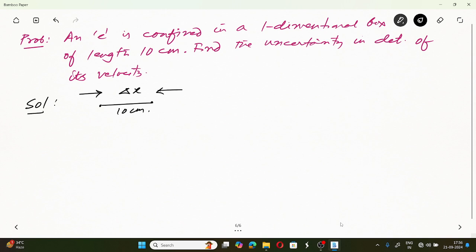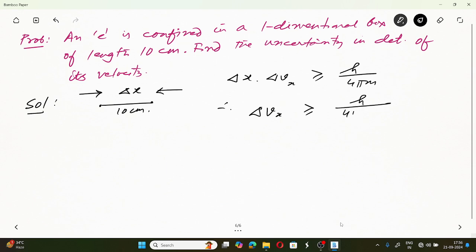So find the uncertainty in the determination of its velocity. Very simple. Greater than or equal to h by 4 pi m. So delta Vx is greater than or equal to h by 4 pi m delta x.